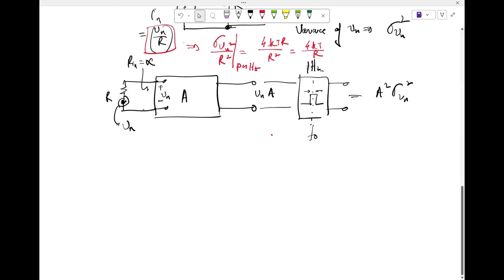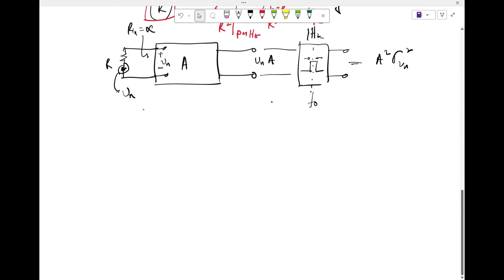Okay. So now what did we do? We introduced thermal noise. We talked about how to model it in terms of voltage. We talked about how to model it in terms of current. We also talked about how to analyze it if I interface it with a scalar quantity, right? Now let's say I have the same scenario.